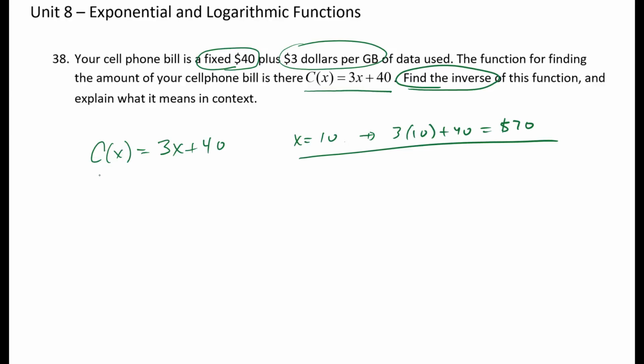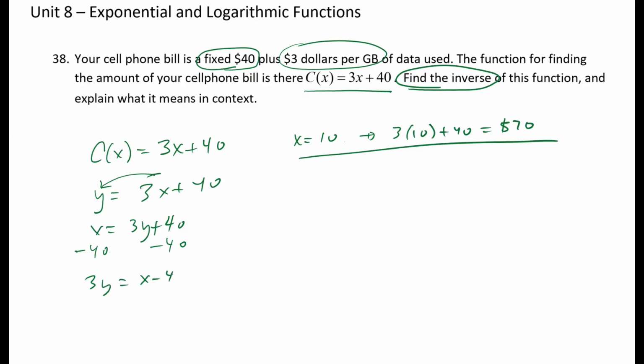So the question here asks you to find the inverse of this function, and we can just use our standard process. We're going to replace the function with y, 3x plus 40, switch x and y, so you get x equals 3y plus 40. We're going to solve for y, so it's minus 40 on both sides here. That gives us 3y equals x minus 40.